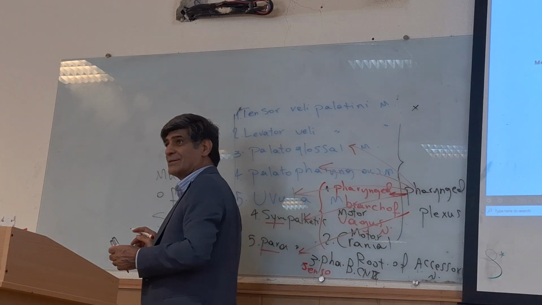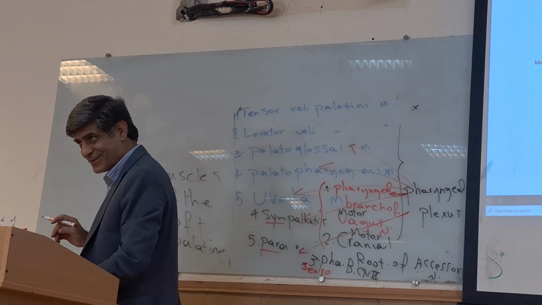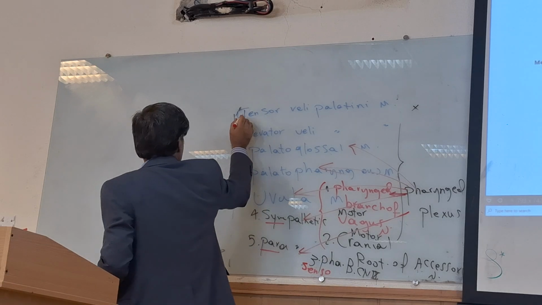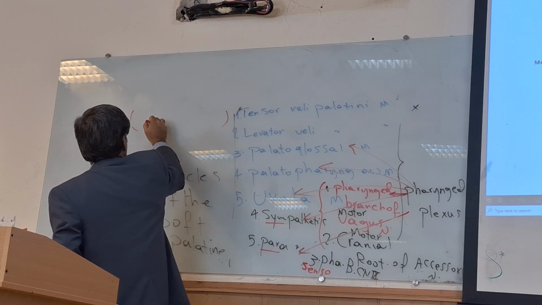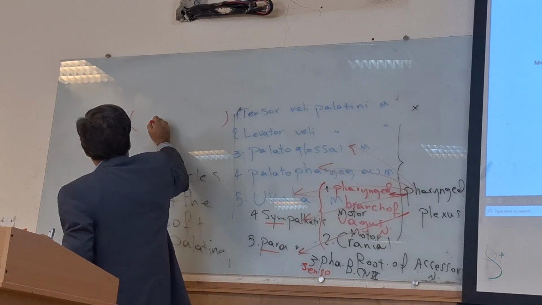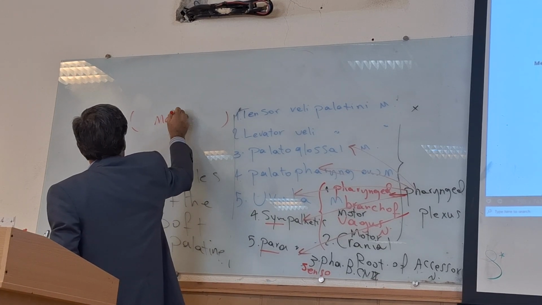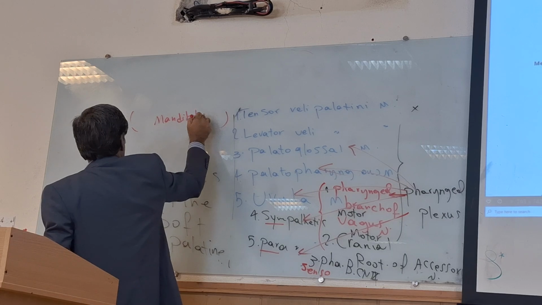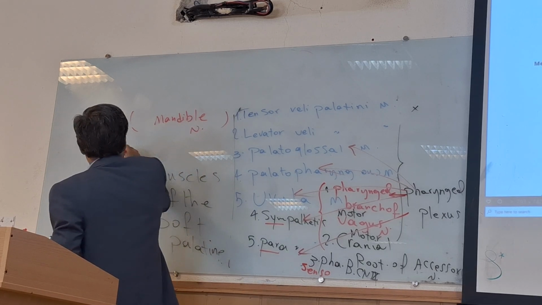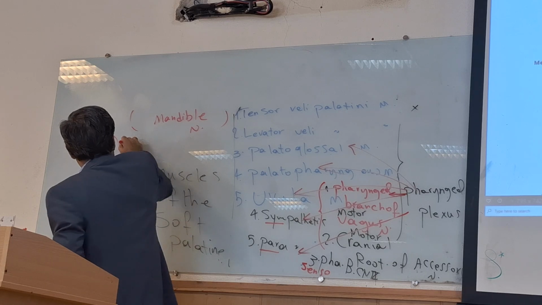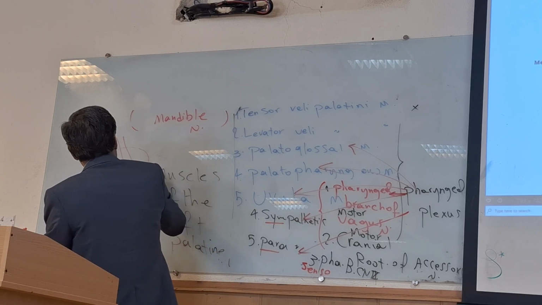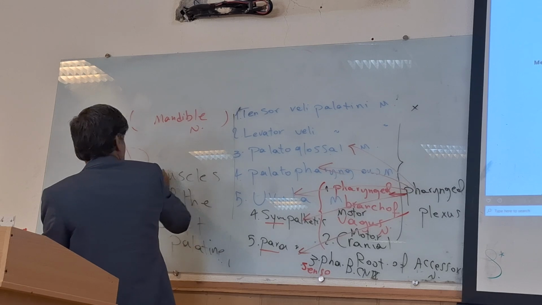Which branch? The mandibular nerve, from the main trunk, through the foramen ovale, of the mandibular division.